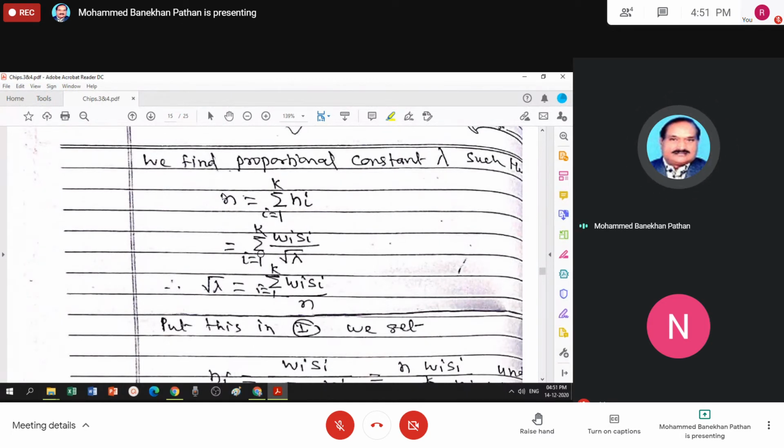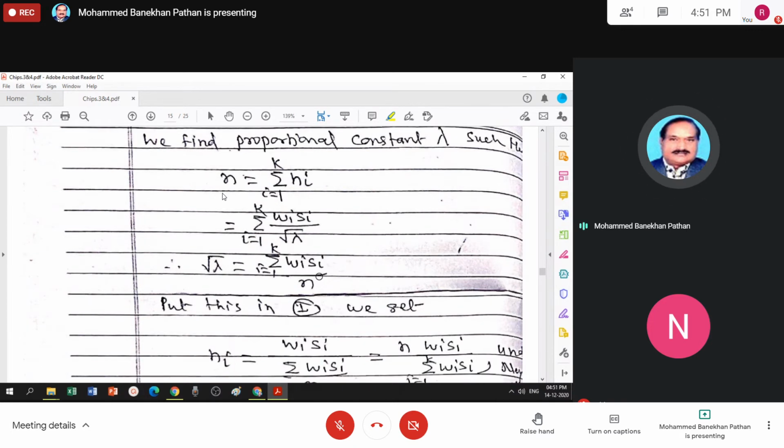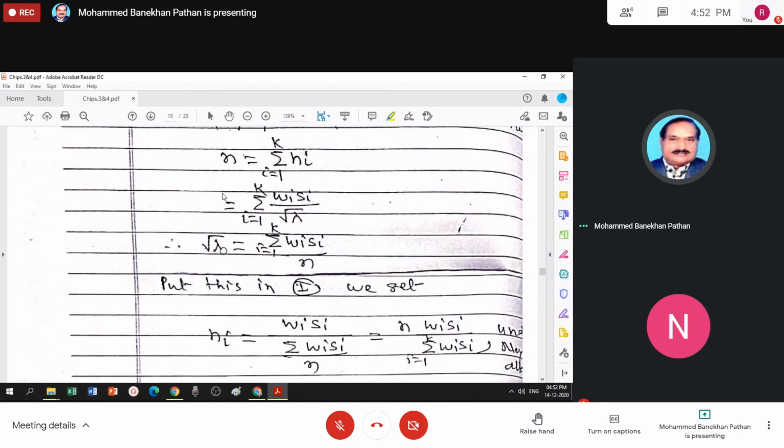Summation i equals 1 to k, we got this Ni. Ni is Wisi root lambda. Now take root lambda on the left and n on the right. So I get root lambda equal to summation Wisi upon small n.